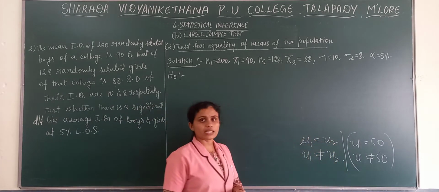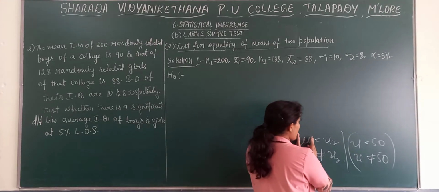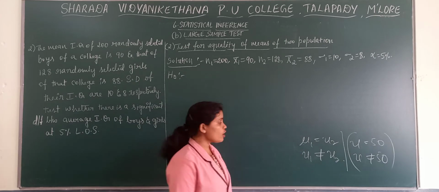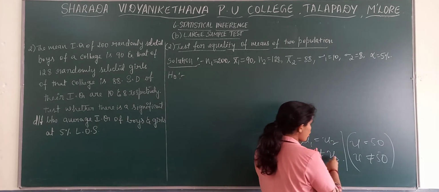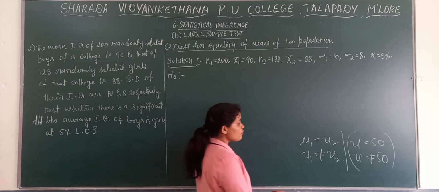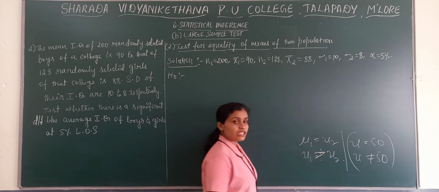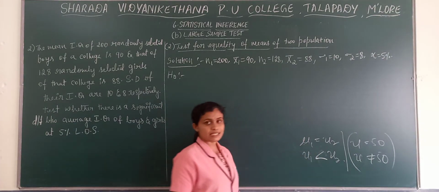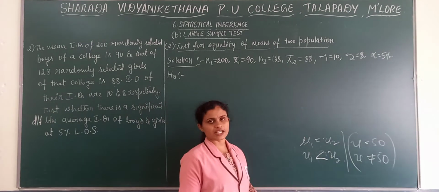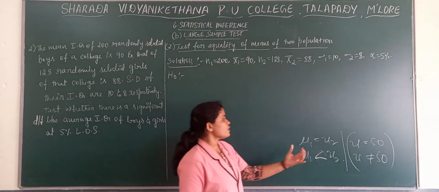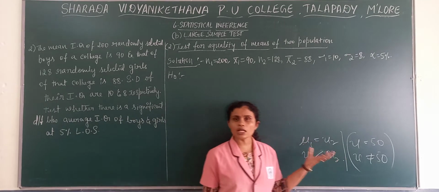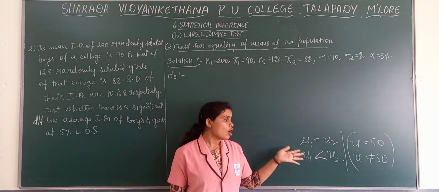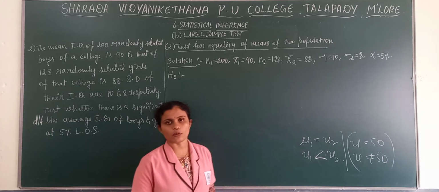What we are checking is whether the population mean of the first sample is equal to the second, or not equal, or whether the first is greater than the second, or the first is lesser than the second. In the case of two populations, we check whether the two population means are equal or not equal, whether the first is less than the second or more than the second.